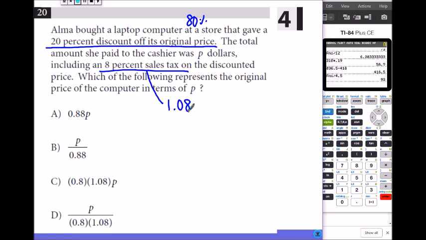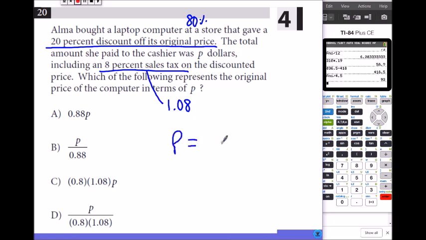All right. So here, you have 80% discounted. So the original price is P. No, P is how much he paid. All right. Let's say X is the original price.